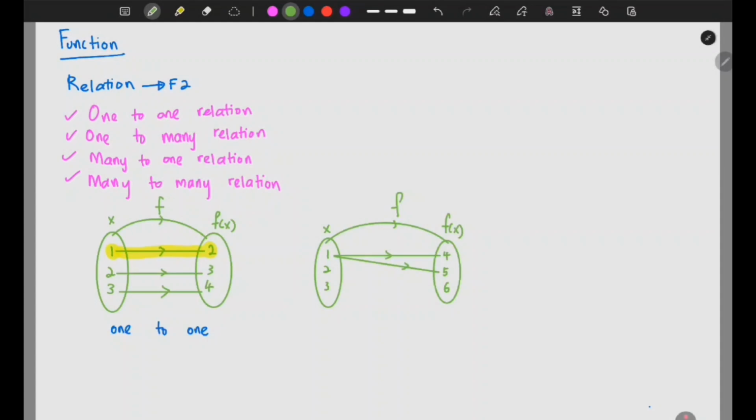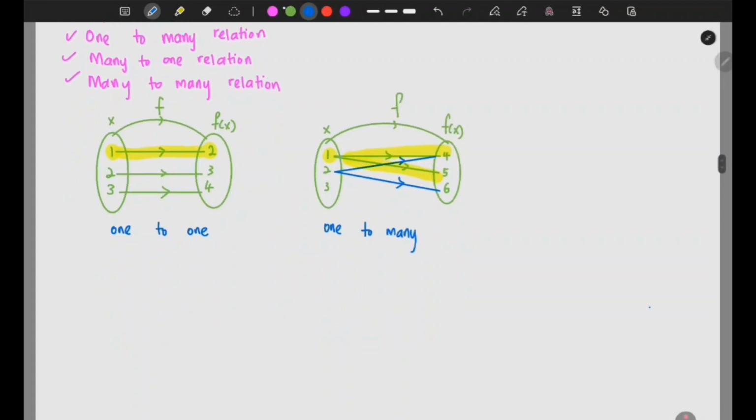So from this 1, it divided into many. Same for 2. 2 is becoming 4 and becoming 6. This is what we call 1 to many. From 1 it becomes many.